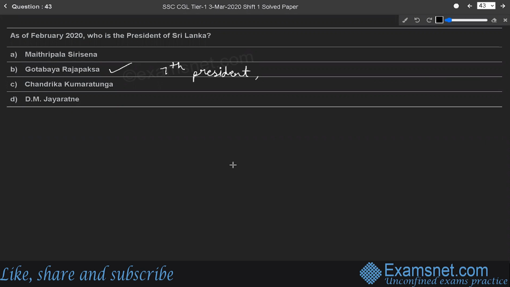He was also a former defense chief of Sri Lanka, and he contested many elections as a candidate of a Buddhist nationalist party, also known as the Sinhalese Buddhist Nationalist Party.